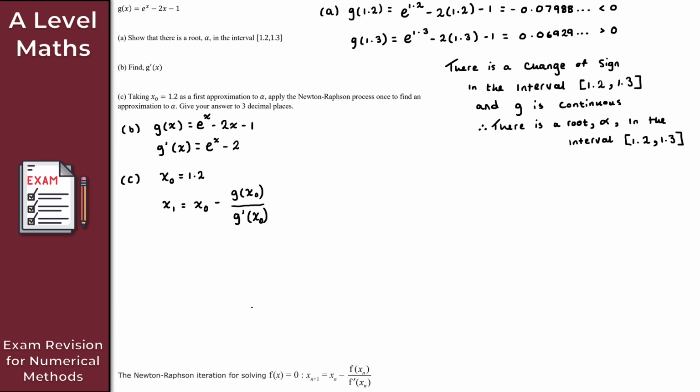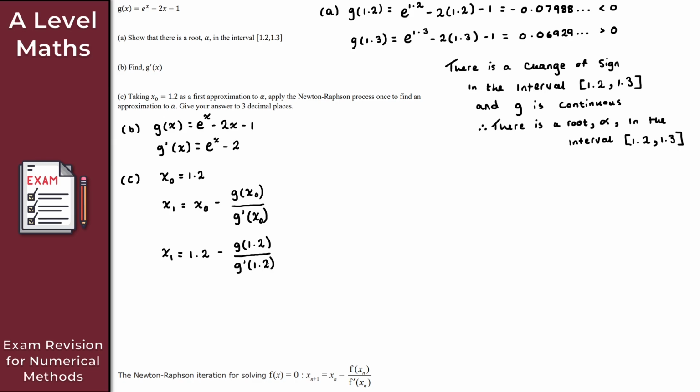So in that case, x1 is equal to x naught, which is 1.2, minus g of 1.2 all over g prime of 1.2.